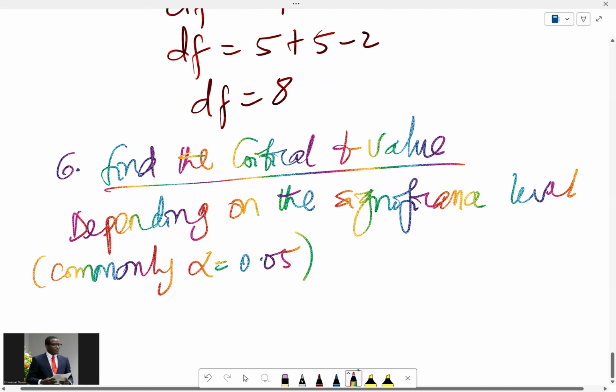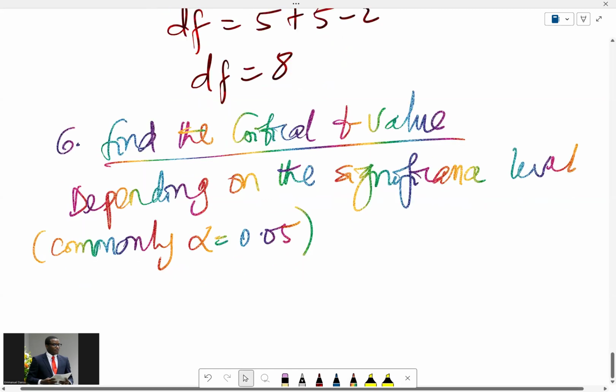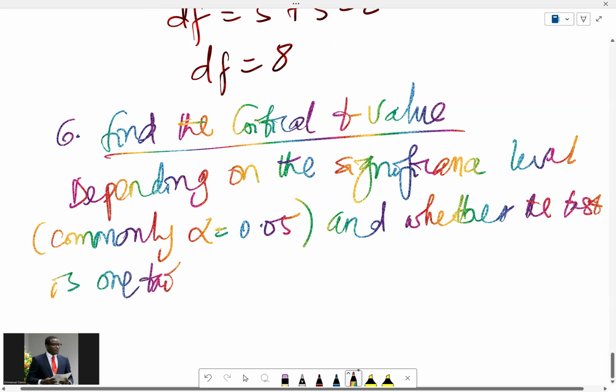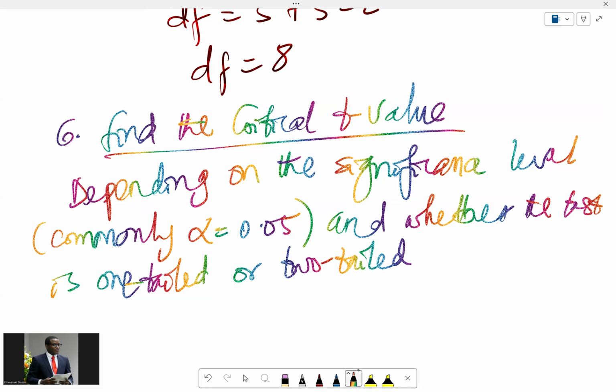It doesn't have to be, it can be 0.01. These are the two common ones, or anything else for that matter. And whether the test is one-tailed or two-tailed. If it is two-tailed, that means mu1 equals mu2. But if it is one-tailed, it can either be mu1 is less than mu2 or mu1 is greater than mu2. Here we are talking about two-tailed.